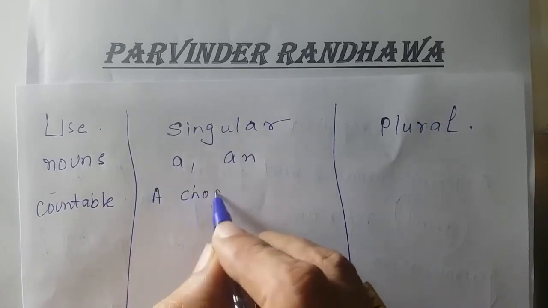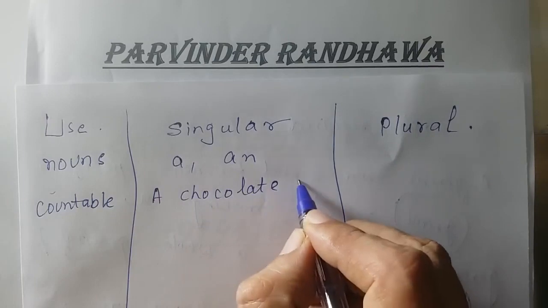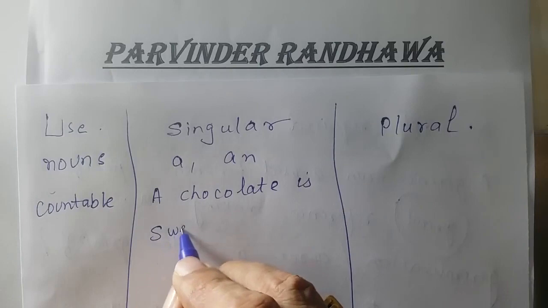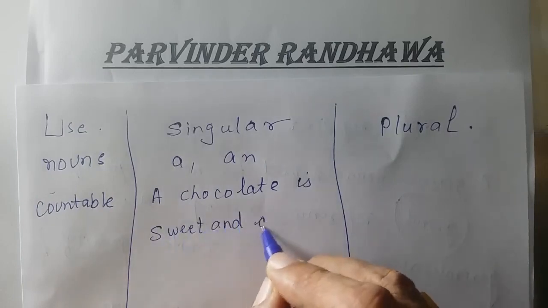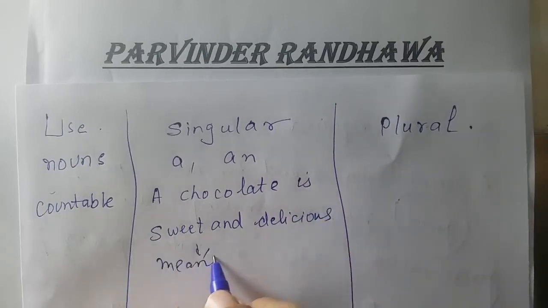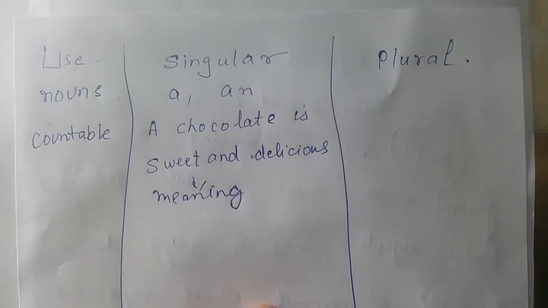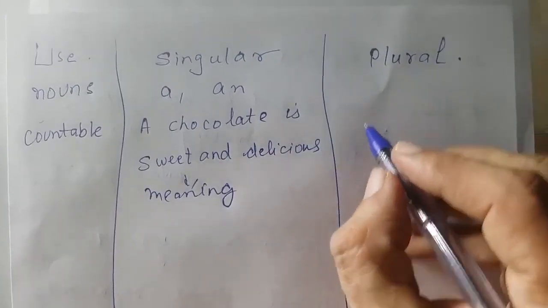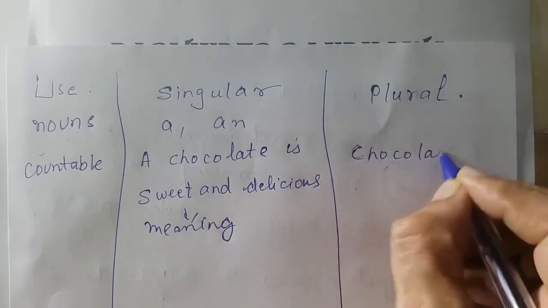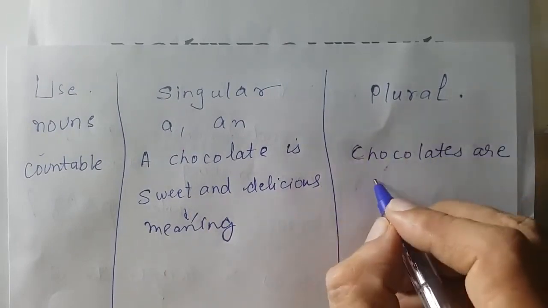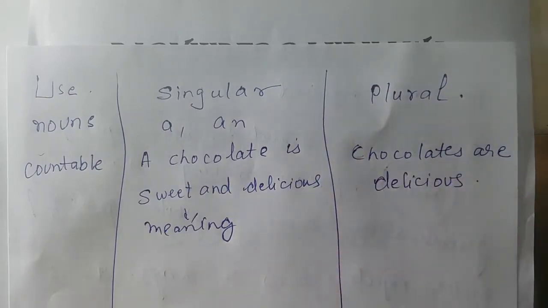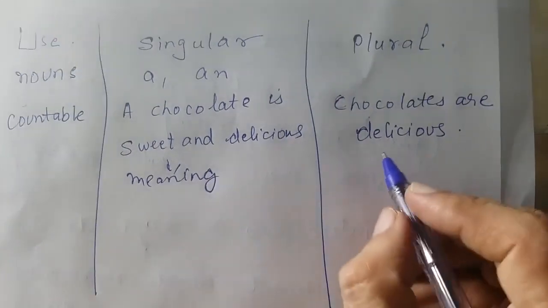For example, a chocolate is sweet and delicious. Let's go for the meaning. What's the role of a in IELTS? Then: chocolates are delicious. Let's go to the meaning of both sentences.